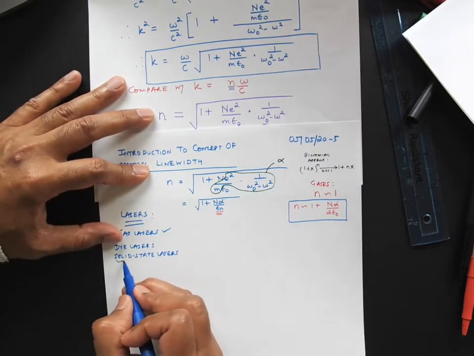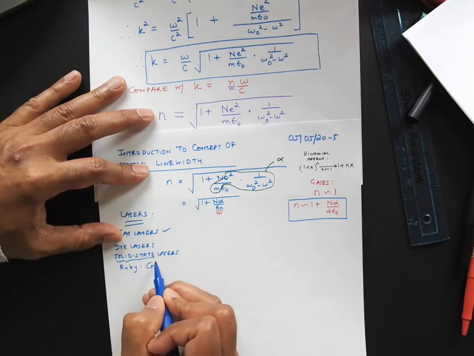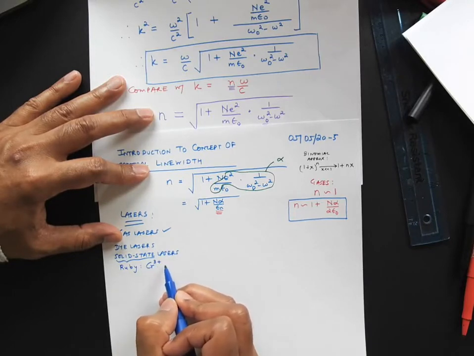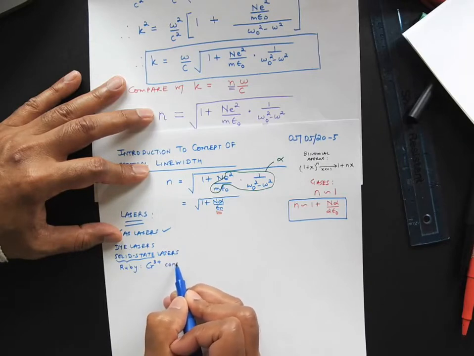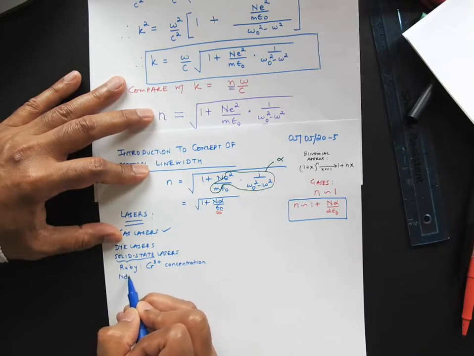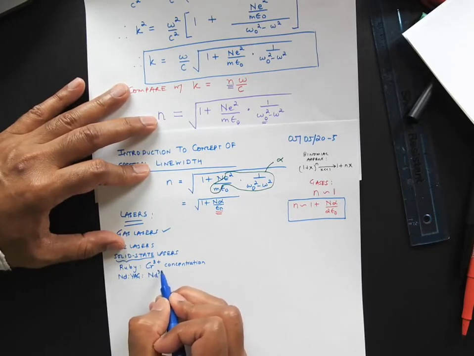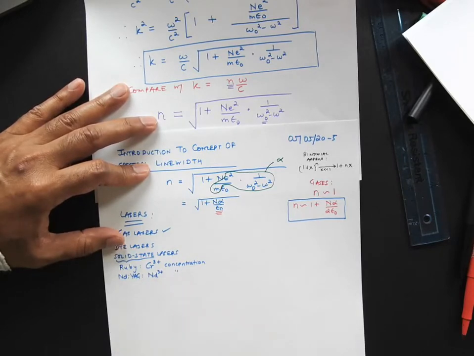For ruby, remember it was the chromium ion concentration that matters. For Nd:YAG, who was the dopant? Oh, the neodymium. So neodymium ion concentration, right?